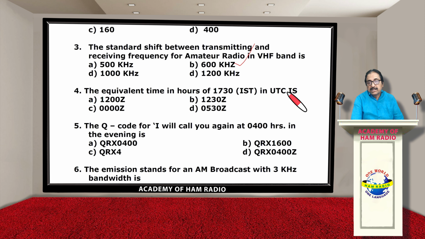The second question: the number of characters in an 8 WPM, 5 minutes passage should be. 8 WPM means 8 words per minute. Each word consists of 5 letters. So 8 WPM means 8 into 5, that is 40 letters per minute.